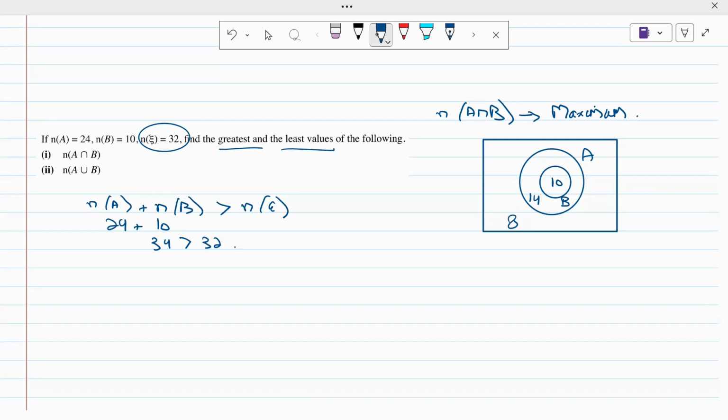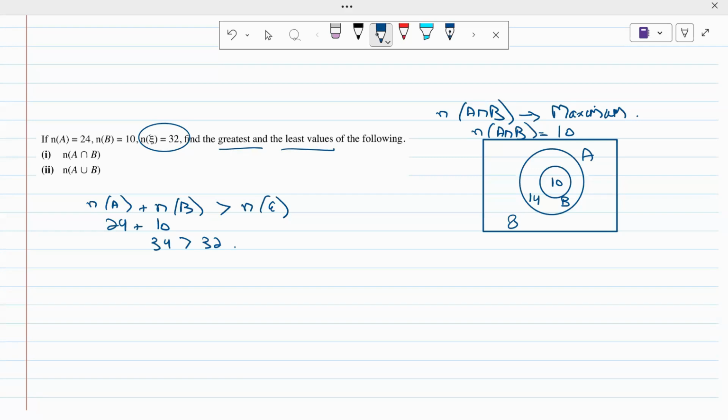So n of A intersection B to be maximum, the answer is 10, which is eventually the elements of the smaller set. The shortcut is, whenever the intersection has to be maximum, the maximum value would be the elements there in the smaller set.